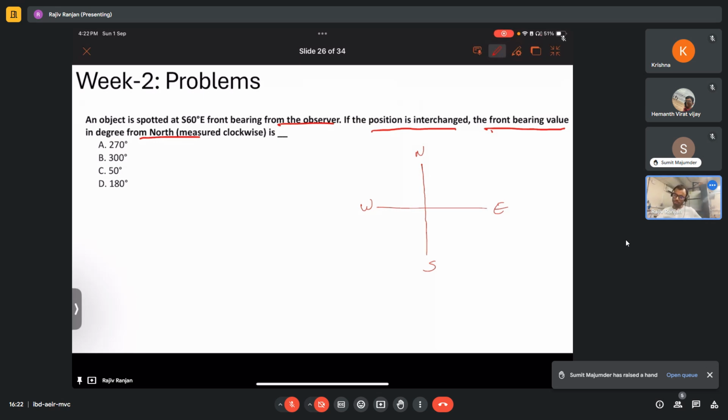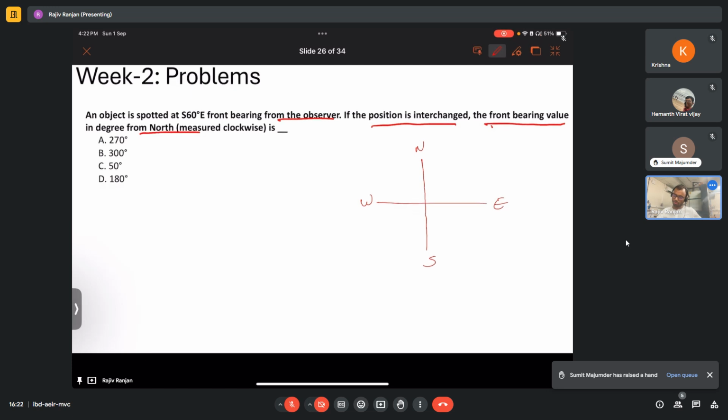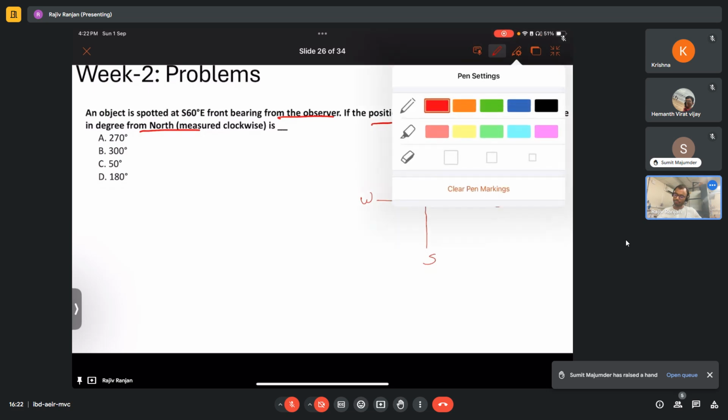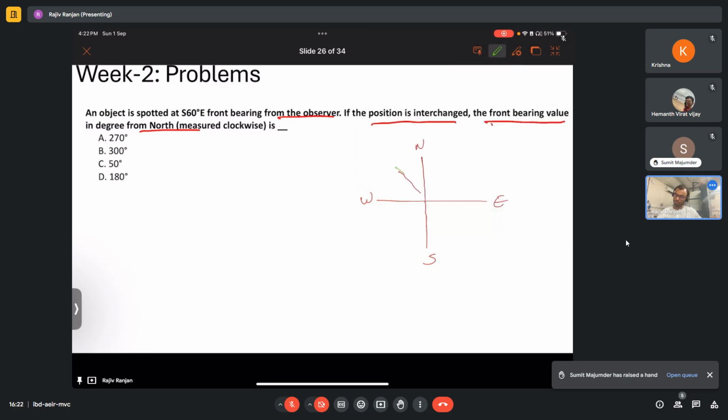Something like this. Tell me what will be the value.